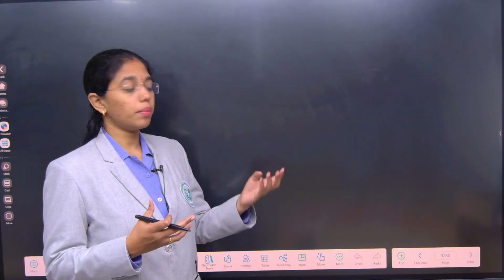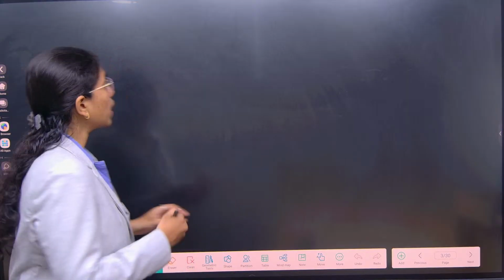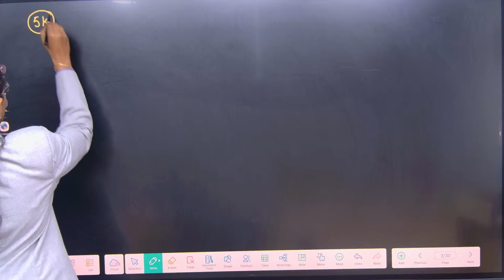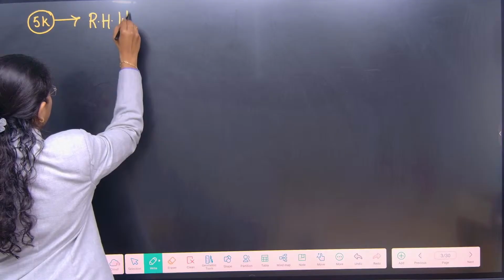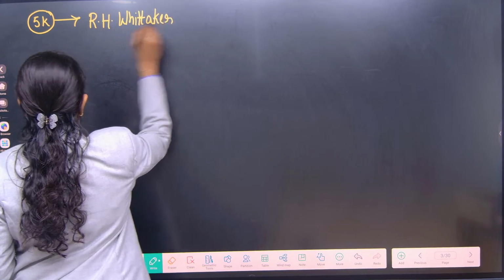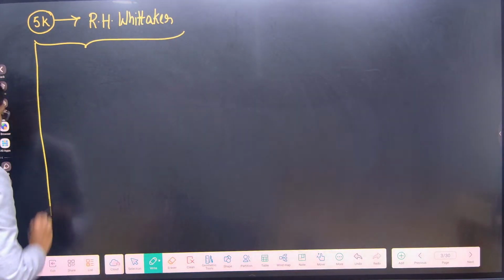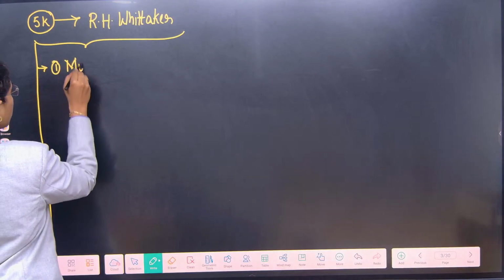When we are dealing with biological classification, we will learn about 2, 3, 4, 5 and 6 kingdoms, of which 5 kingdom system of classification is widely accepted, which is given by R.H. Whittaker, where he has classified the living organisms into 5 kingdoms. First kingdom, kingdom Monera.